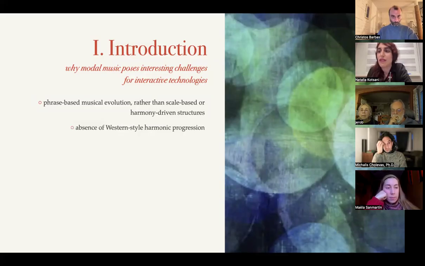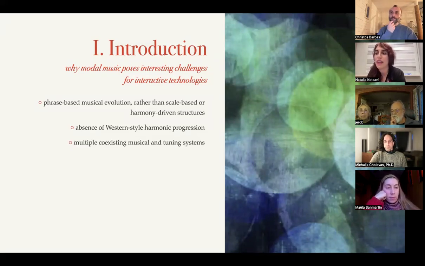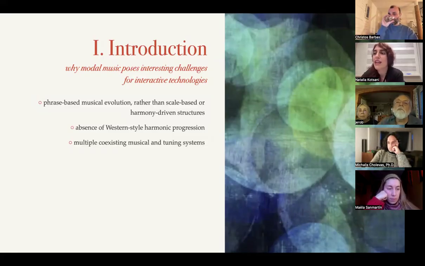It is built on phrase-based musical evolution, and it unfolds through melodic motifs and stylistic nuances rather than shifts in harmony. And this means that our computational models cannot simply rely on chord detection to understand the musical context.